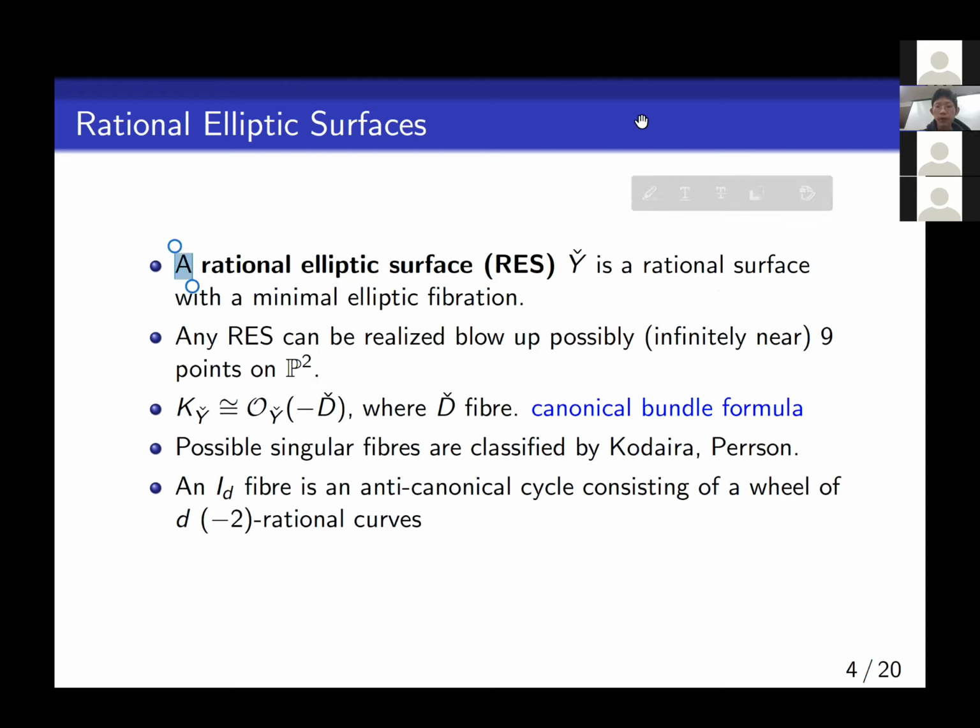It's a wheel of D rational curves, so they're D rational curves, and they form a cycle, looking like this. In total, there are D components, and I will call it an I_D fiber. Each of them is a -2 rational curve. All right, so these are the two main players of today.